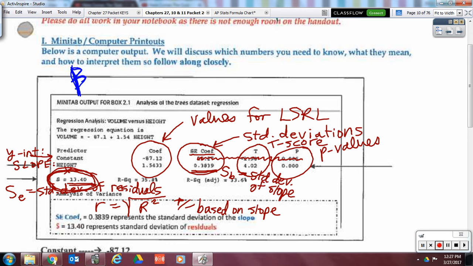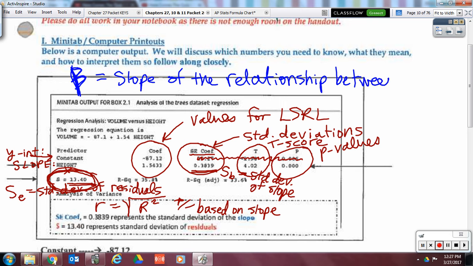Beta is the variable that we will use for the population slope. So this is the slope of the relationship between height and volume for this problem.